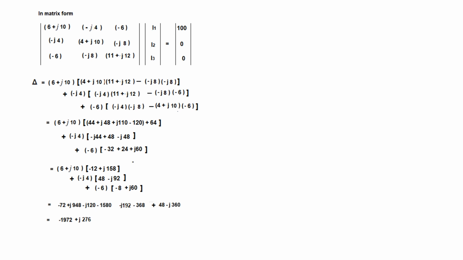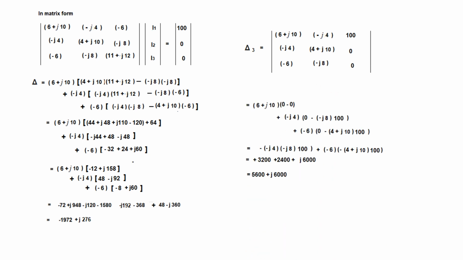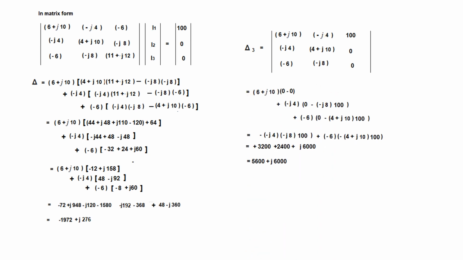And now to find delta 3, we got to replace the third column by these values. So replacing the third column and again solving. Same technique, step by step. So this is delta 3. And now as I told, I3 can be found by delta 3 over delta.